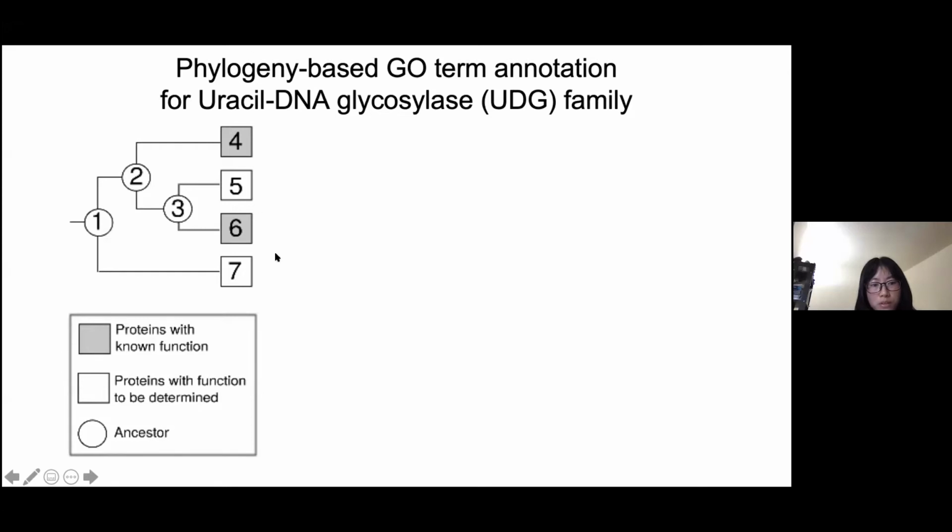For proteins 5 and 7, we want to know the function. For now, we don't know. We can see that for 4 and 6, the most recent common ancestor is 2. So for the IBA method, they will assign protein 5 the same GO term as 4 and 6.